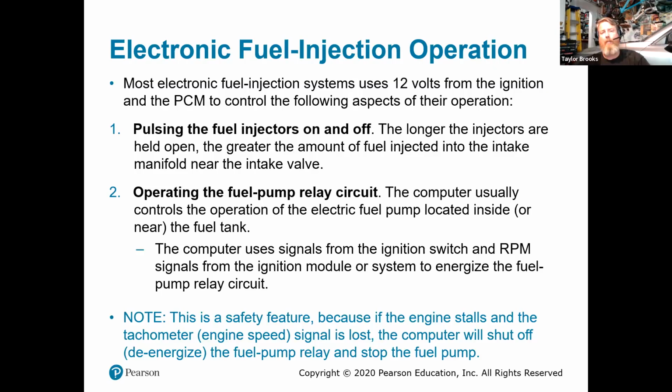What often happens, especially on return style fuel systems, is when the engine is shut off, the fuel will naturally want to drain back to the fuel tank because the fuel tank is in the rear of the vehicle and usually lower than the fuel rails. So gravity naturally brings it back and depletes any positive pressure that would be in the fuel rails or fuel lines, and therefore we need to prime it.